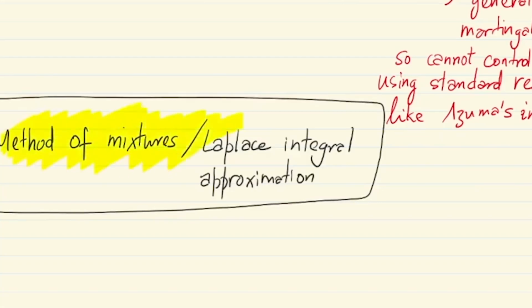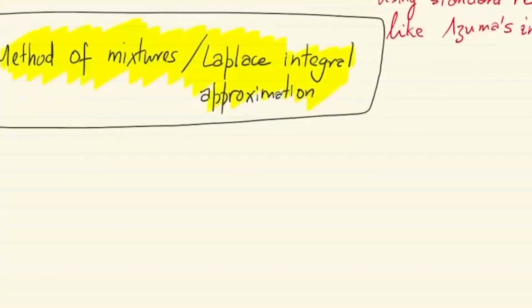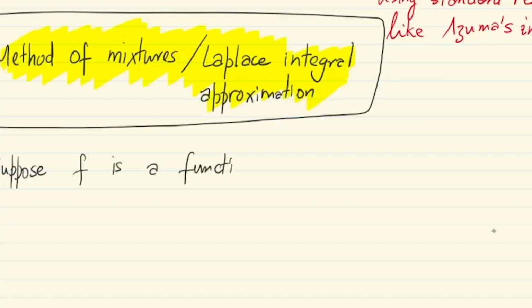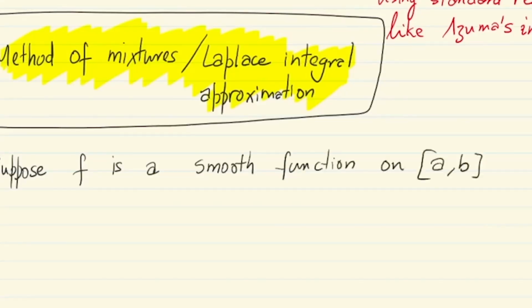Okay, so what is this Laplace integral approximation or Laplace integral formula? Suppose it's this following phenomenon. Suppose f is a function, let's say a smooth function defined on the interval a, b.